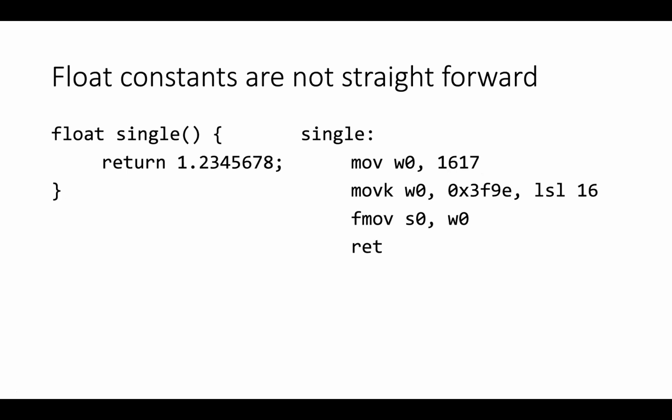And it's doing it 16 bits at a time because, remember, all ARM instructions are 32 bits long, so it can afford to do it 16 bits at a time, so it takes 2 instructions. So this is the lower order 16 bits. This is the high order 16 bits. I know that because it's a left shift by 16 bits.